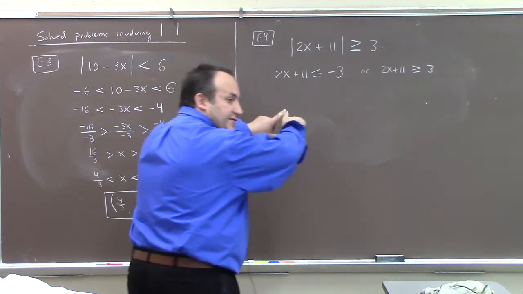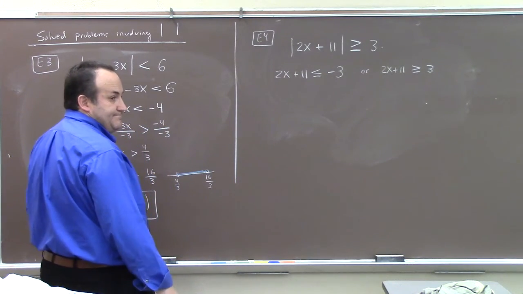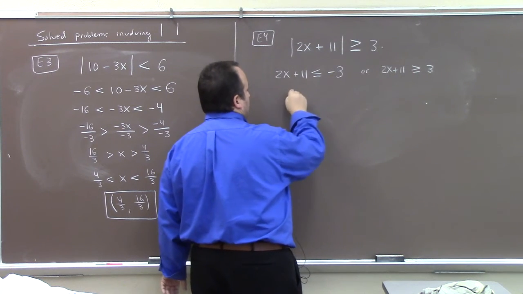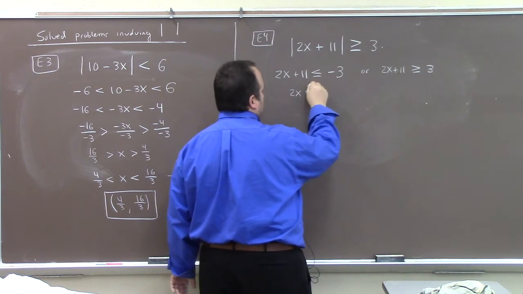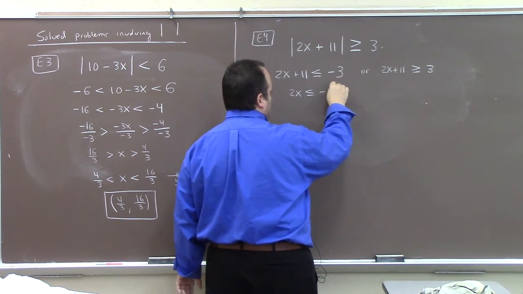But anyway, we have these 2 inequalities. I cannot string them together like this. In this case, it's different. So this gives me then 2x less than or equal to minus 3 minus 11, which is what? Minus 14, right?